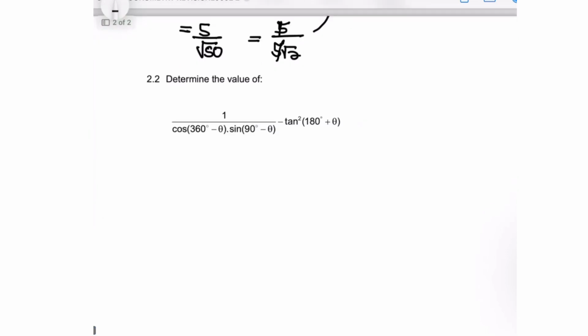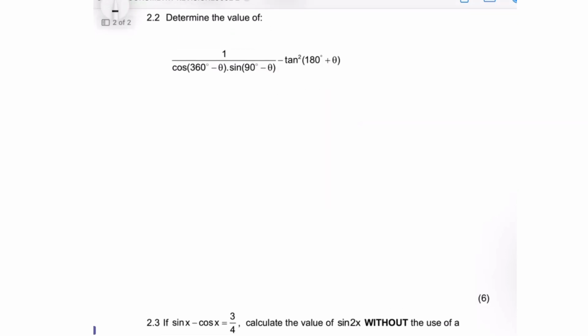Determine the value of 1 over cos(360 minus theta) times sin(90 minus theta) minus tan squared(180 plus theta). Now, I see here it's a reduction question and it also has cofunctions. Because I'm dealing with reduction, what I want to do is draw my Cartesian plane.